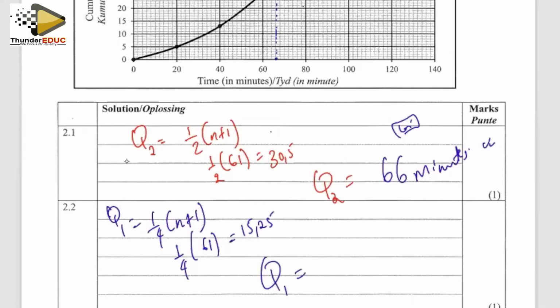The answer I'm getting for the Q1 value is 44. It's somewhere there, because I'm taking it from here, just slightly above 15, or just within the line of 15. So we're getting 44. If you're using just a quarter of 60, which will be exactly on 15, that might give you something like 43.